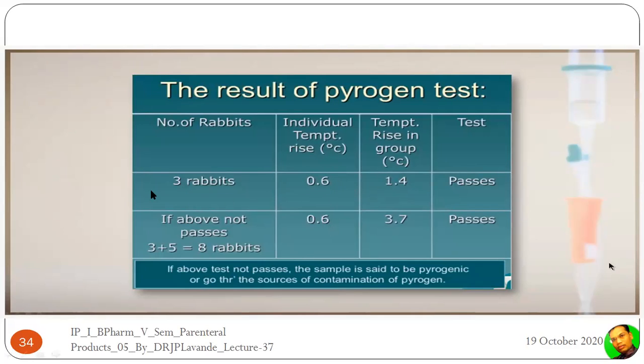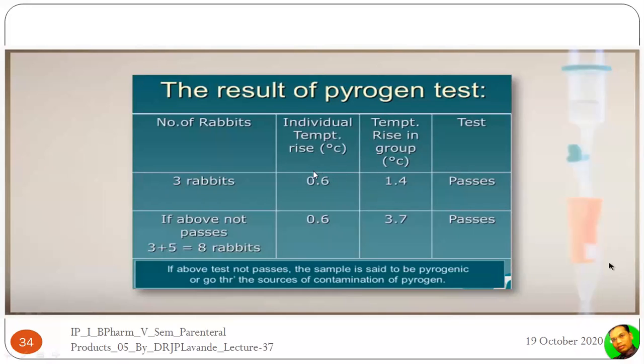In the first case, we select 3 rabbits to which we give the drug, and we observe the individual rise in body temperature. If the individual rise is not more than 0.6 degrees Celsius, the product passes.